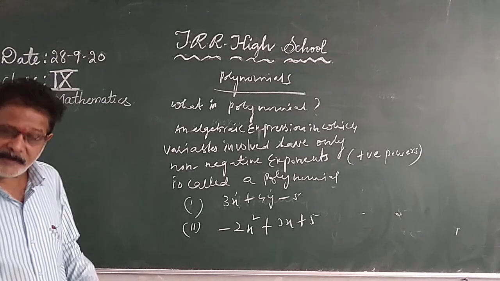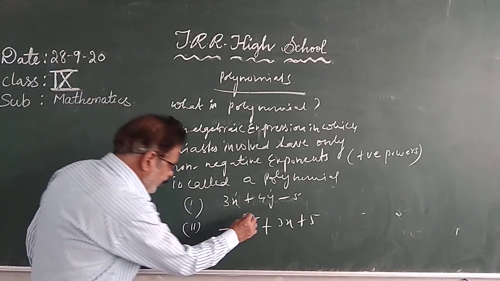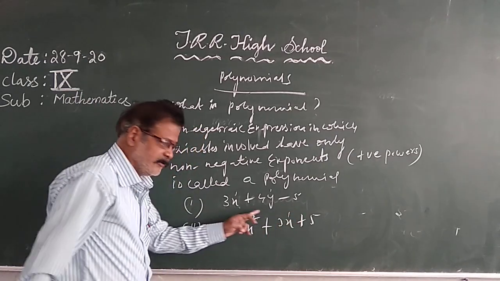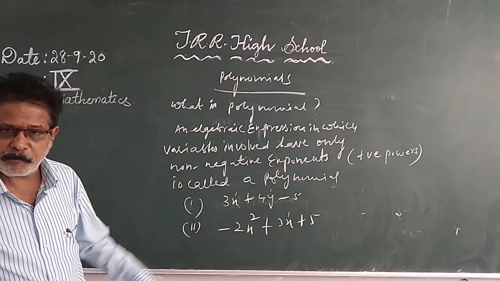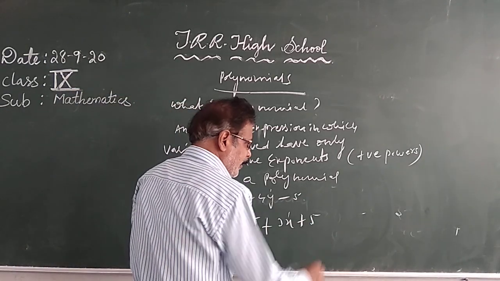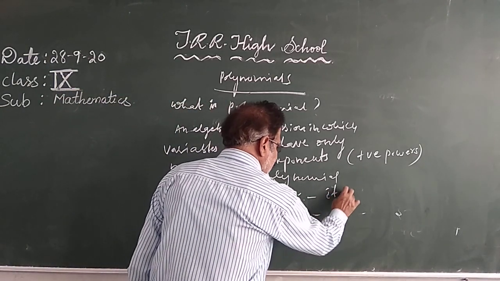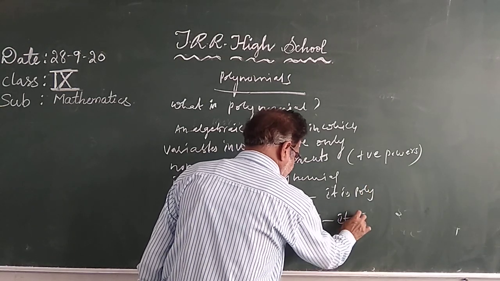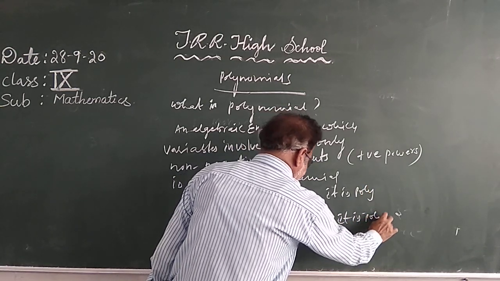Is it polynomial? Yes, it is polynomial. Why? The exponents are what? Here the exponent is 2, here the exponent is 1. The exponents are positive. It is polynomial.